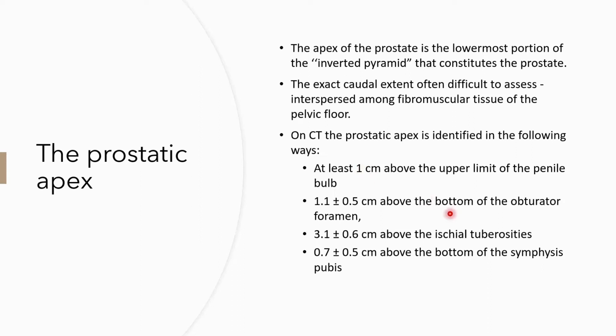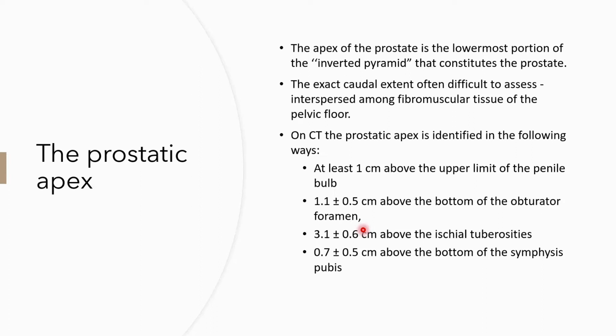Other anatomical structures have been used as a proxy for identifying the prostatic apex, including about 1 centimeter above the obturator foramen, about 3 centimeters above the ischial tuberosities, or about 0.7 centimeters above the bottom of the symphysis pubis.